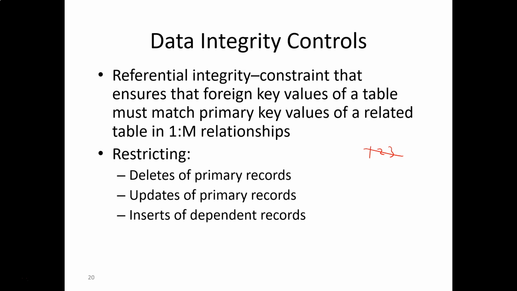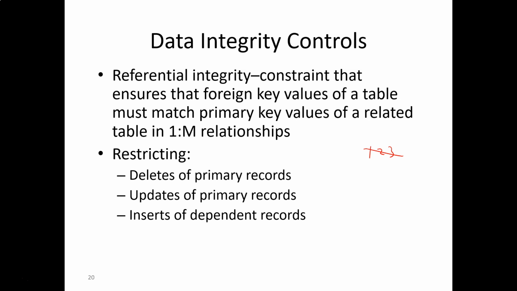That creates a data integrity problem. In addition, when a dependent record is inserted without a corresponding primary key record, it also creates a data integrity issue. So how do we deal with these referential integrity issues?